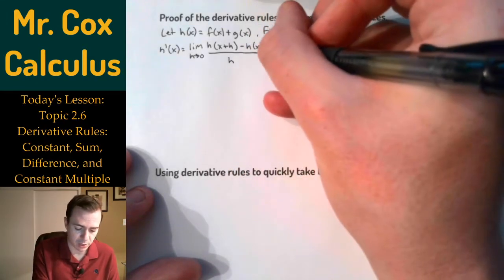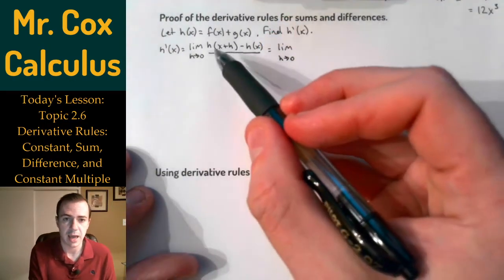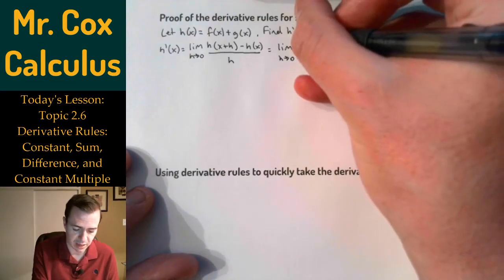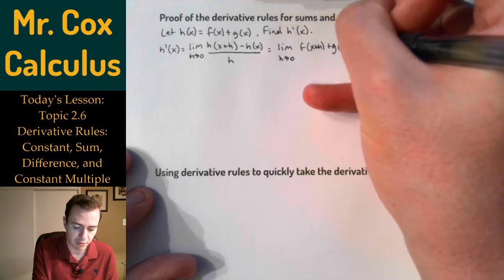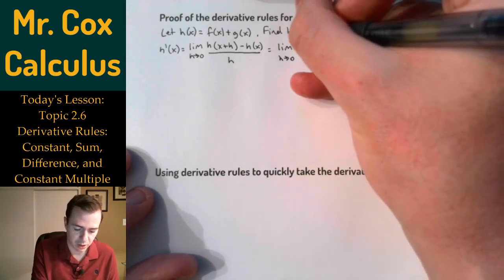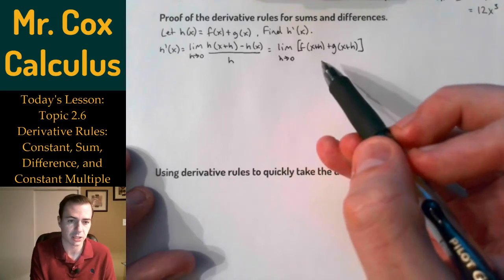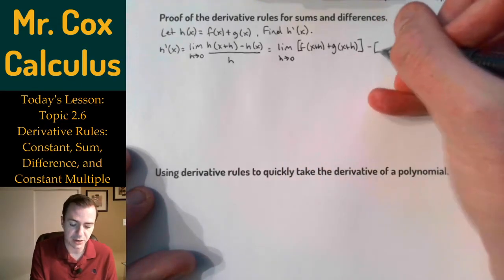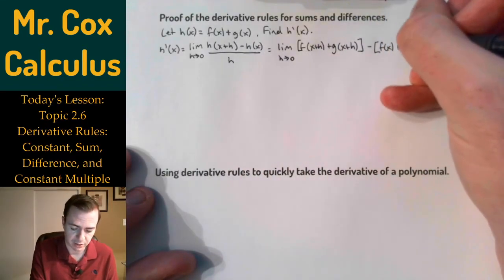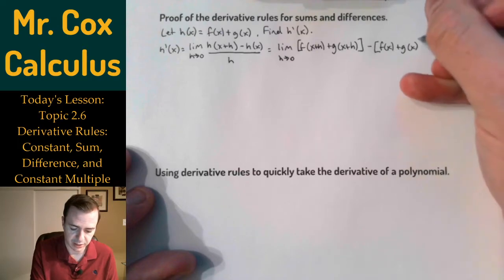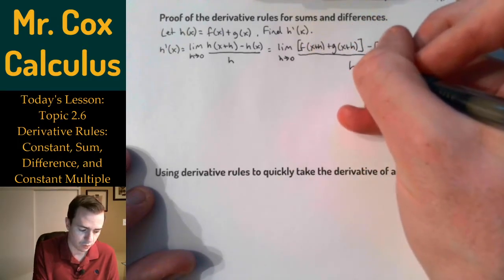If I now write this in terms of f and g, h of x plus h is f of x plus h plus g of x plus h. I'll use some grouping here so you can see that's h of x plus h minus h of x, which was simply f of x plus g of x, all over h.